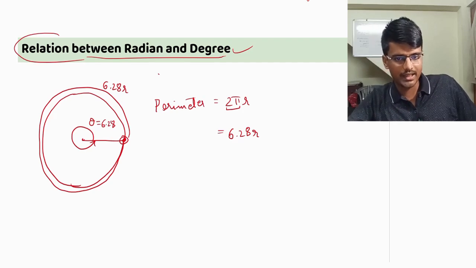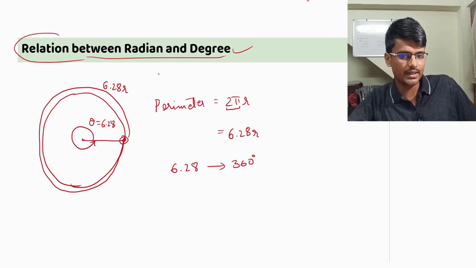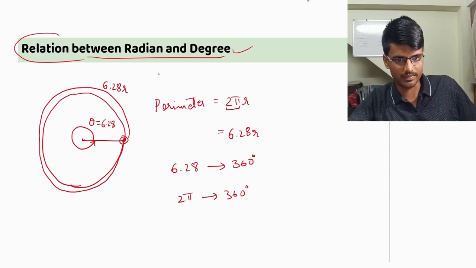So can I equate 6.28 to 360 degrees? 6.28 is nothing but 2 pi. 2 pi is equal to 360 degrees. So 2 pi is radian, and this is degrees.